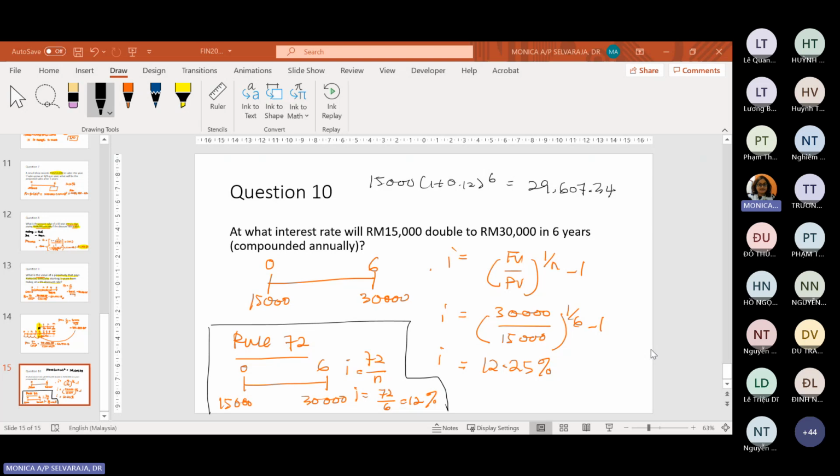Because the question did not ask you to use rule 72. If they ask you to use rule 72, then you can use this one. Otherwise, you have to use the normal method. Use 15,000 and use back the value. Now you will get an accurate answer. You can try.